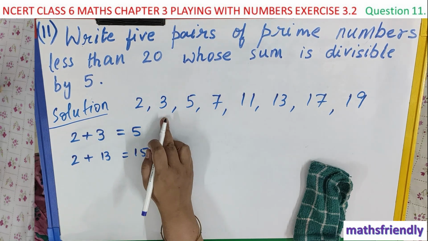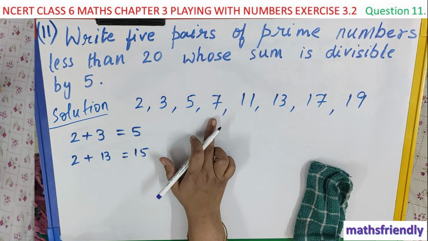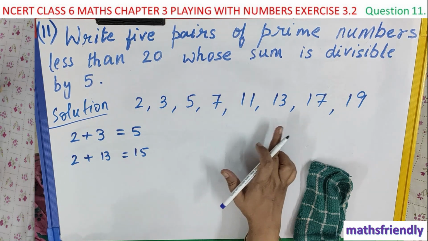Now let us check for 3. 3 plus 5 gives 8, which is not divisible by 5. 3 plus 7 is 10, which we can take, and we can also take 3 and 17.